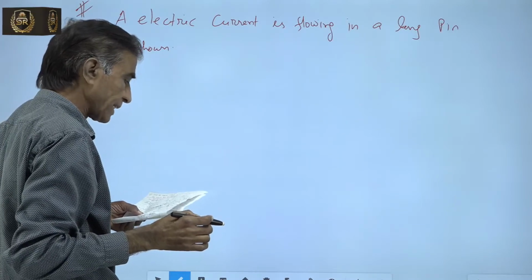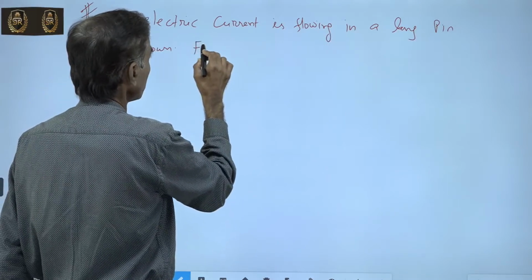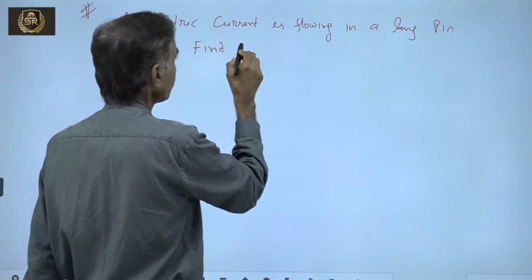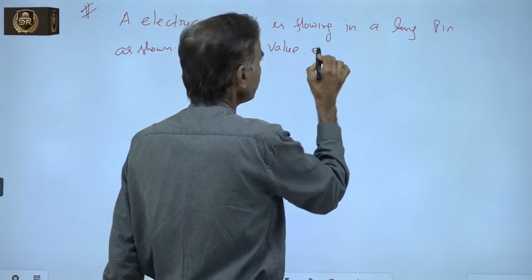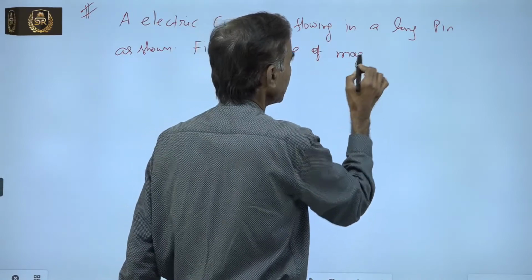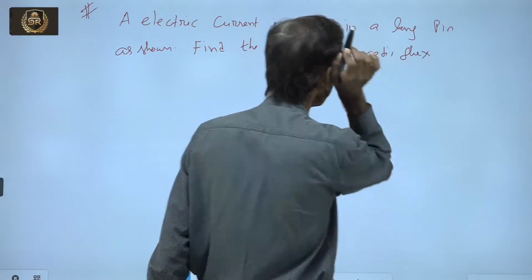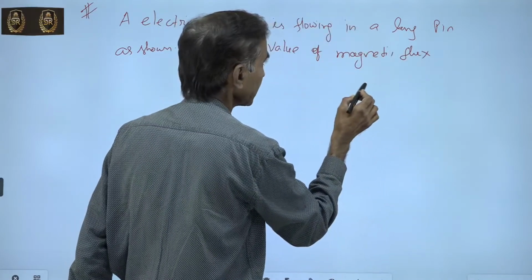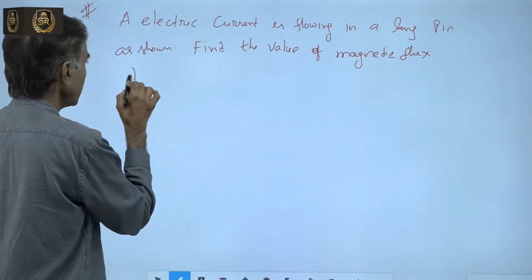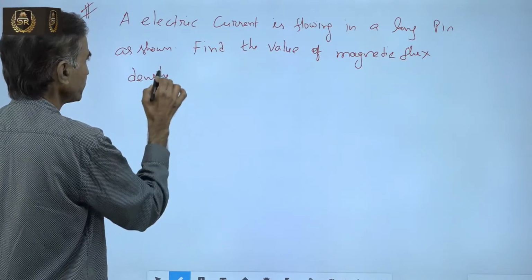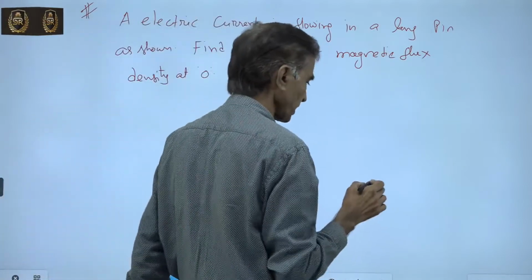Find the value of magnetic flux density at point O. Magnetic flux density at O, that is the center of the semicircle. Just see this.